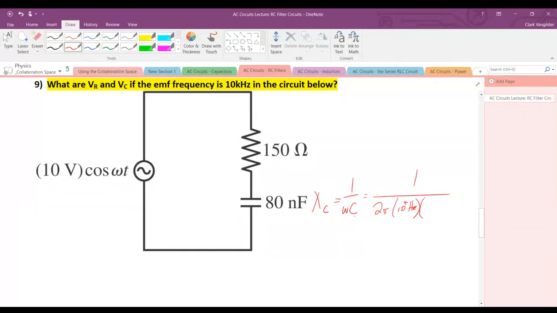The capacitance, 80 times 10 to the minus ninth farads. And so we would have a capacitive reactance of about 199 ohms.